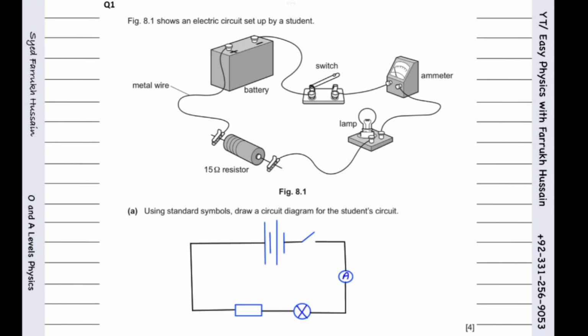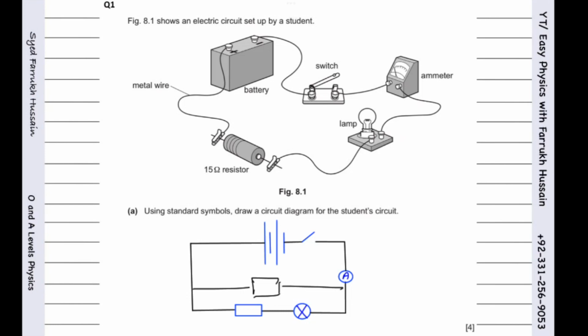For example, if I add a resistor here, the circuit will be a parallel circuit, right? But the cells are still in series. So these are two different understandings, whether the circuit is in series or parallel, and whether the cells are in series or parallel.